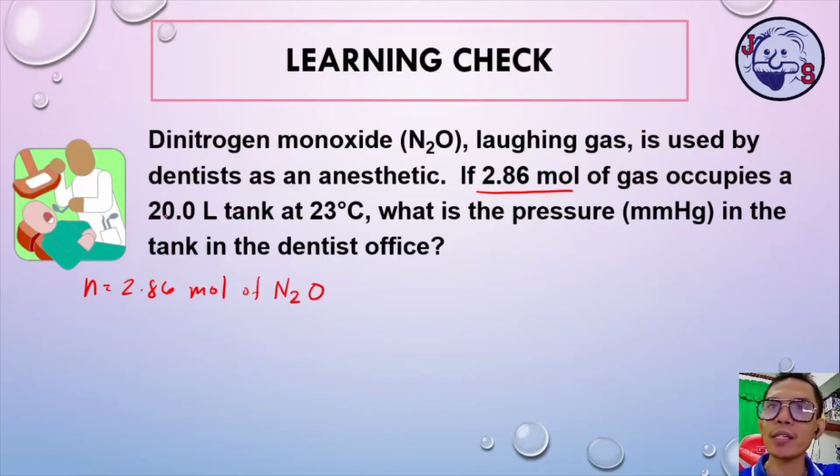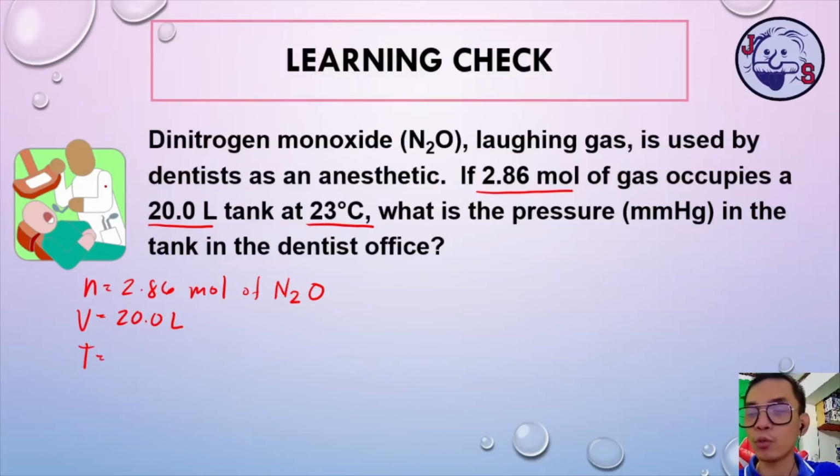The next one is the volume, which will be 2.0 liters. And we have the temperature over here, 23 degrees Celsius. So the temperature is 23 degrees Celsius plus 273.15, which will be 296.15 Kelvin.